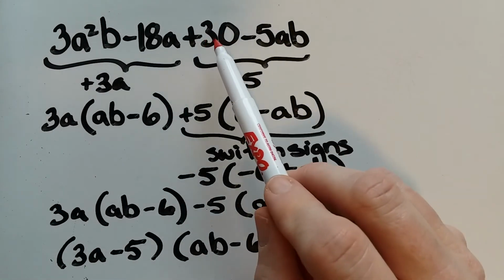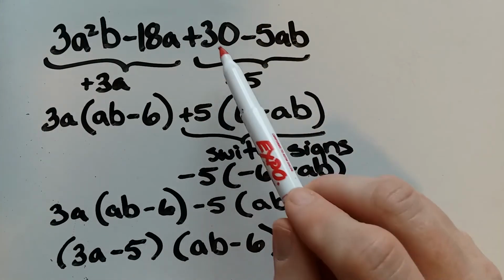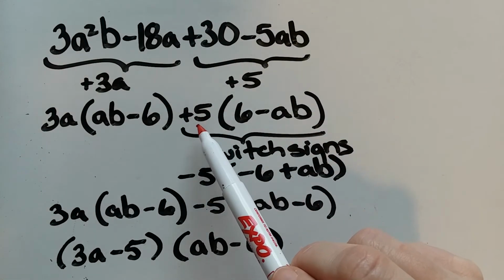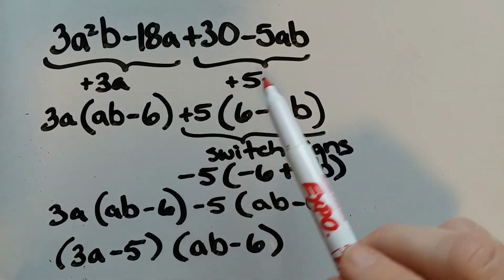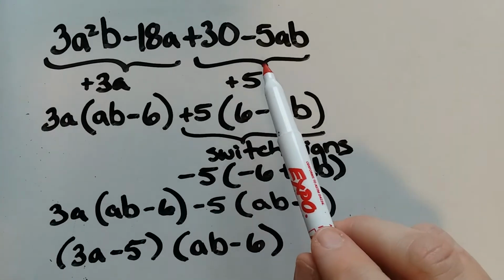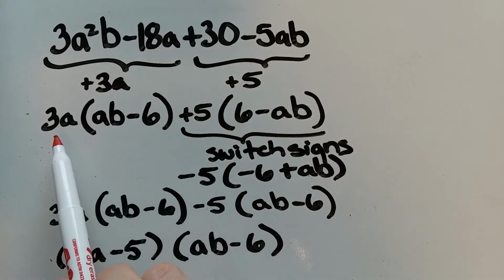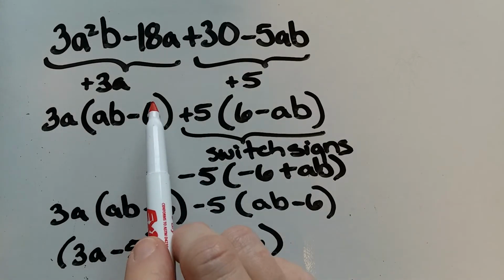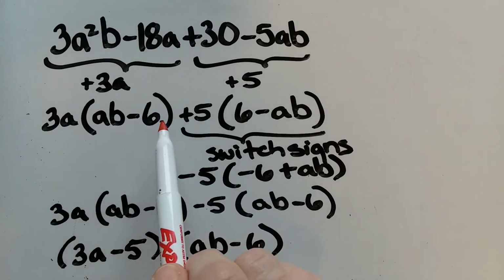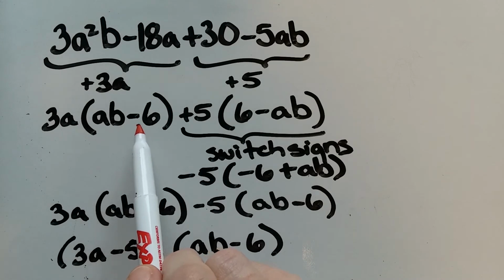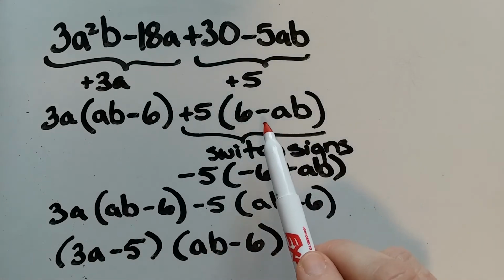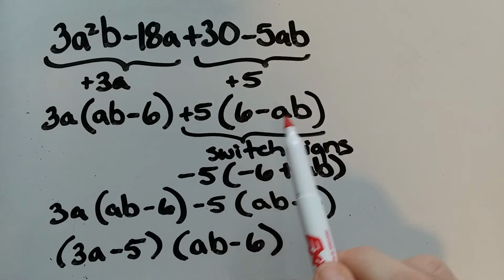Here we only have a constant, so we're only going to be able to draw out a 5. Now, once we draw these common factors out, we're left with the 3a and the 5. But what's on the inside here is ab minus 6. And here it's 6 minus AB.